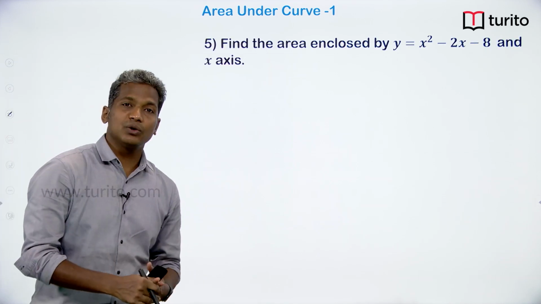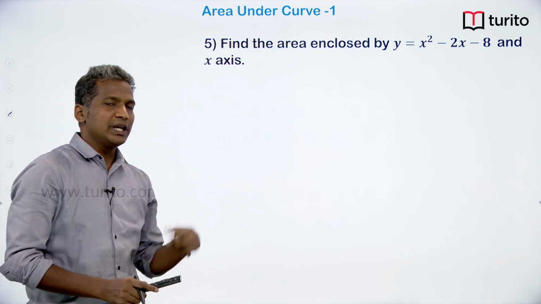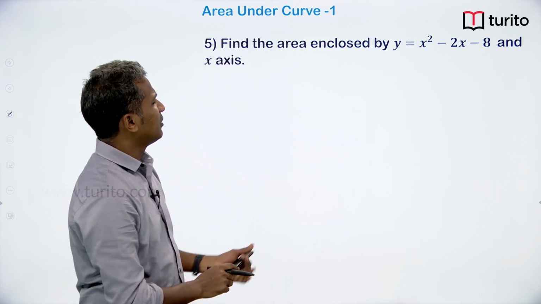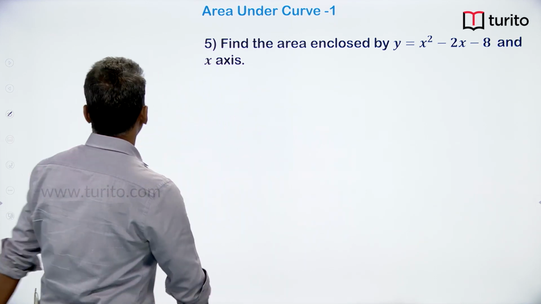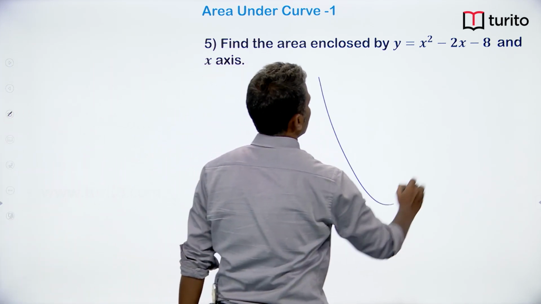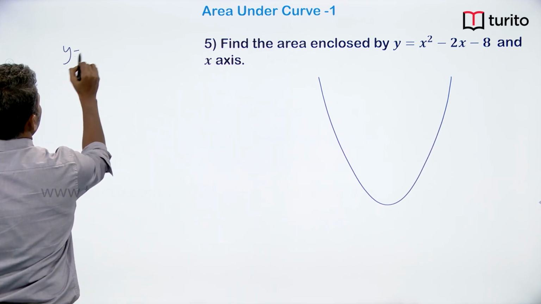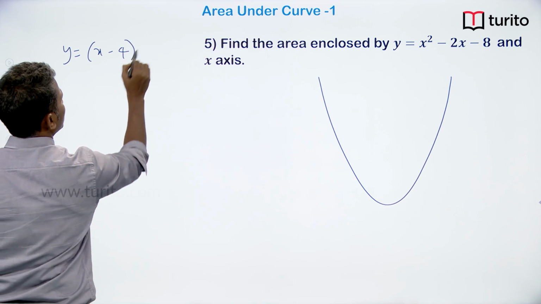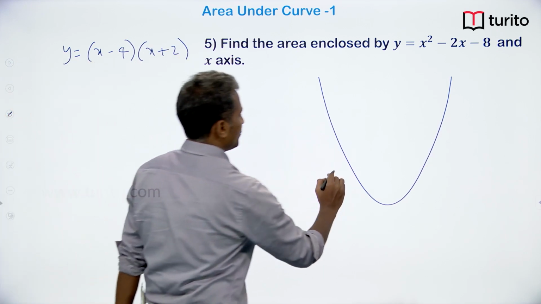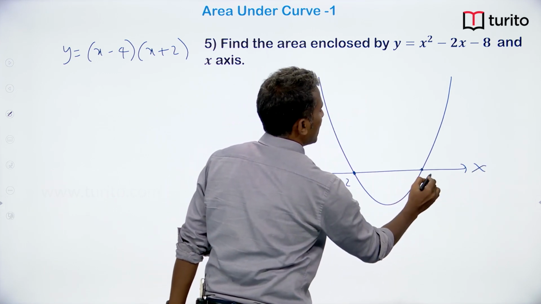Find the area enclosed by that curve and the x-axis. So here also again the area should be enclosed. Now if you look at the curve, what kind of curve is this? It is going to be a parabola like this. And what are the roots of this? It can be factorized into (x minus 4) and (x plus 2). There are two factors. So if I take the x-axis here, I will get minus 2 here and 4 here.